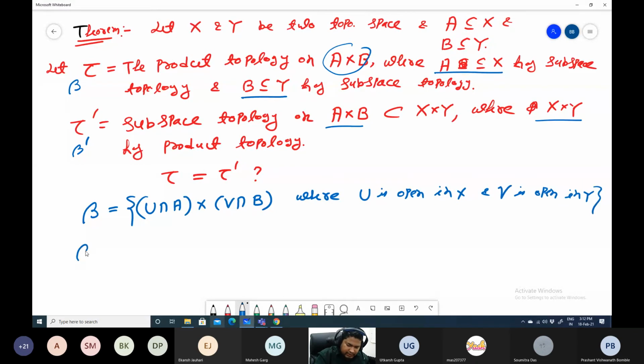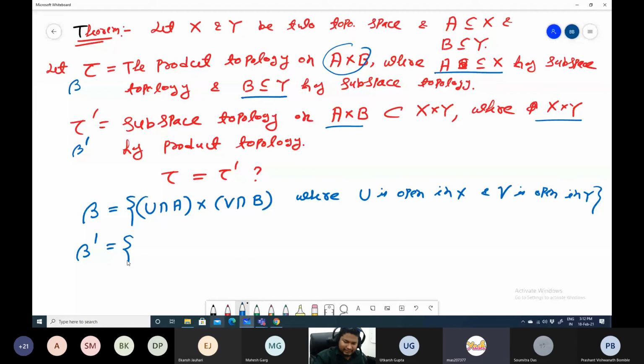Right? And what is the element of beta dash? Tell me again. W intersection A cross B, where W is open in X cross Y. But we need the basis element, right? What is the product element of the basis elements?